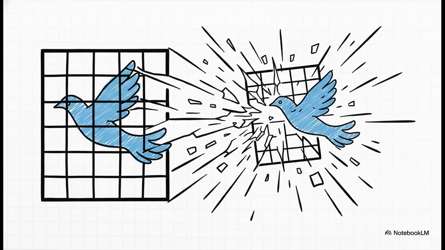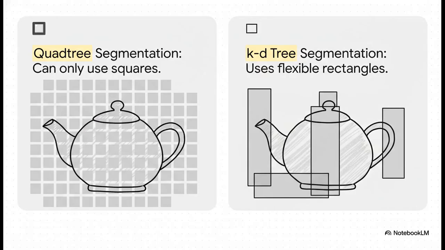Okay, the second path. This one addresses a fundamental limitation of that quad-tree method. It was smart, but it could only ever work with one shape. That quad-tree method can only divide things into 4 equal squares. But what if the object in your picture isn't a square? Well, the next evolution, KD-tree segmentation, or KTS-BTC, breaks free from this constraint by using rectangles of all different shapes and sizes.